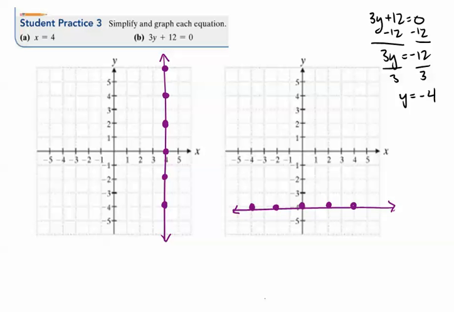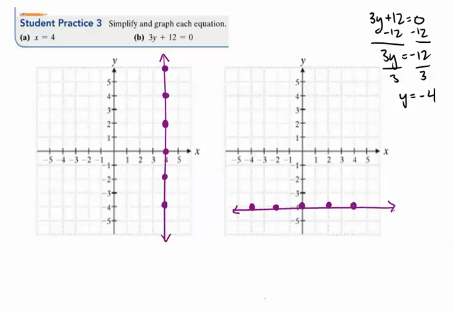Second, we graphed equations in standard form. We did this by finding the x-intercept by setting y equal to 0 and solving for x. We found the y-intercept by setting x equal to 0 and solving for y. We plotted the two points, drew a straight line through them.